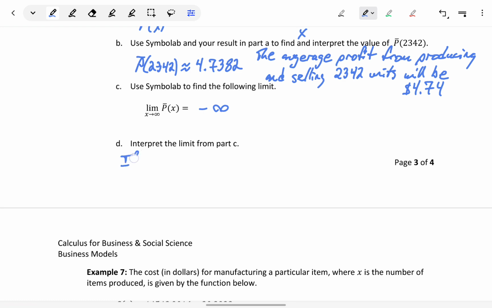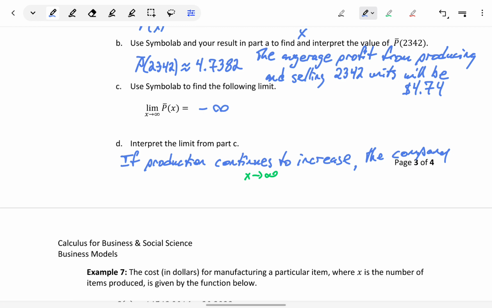So this tells us that if production continues to increase, and that's the meaning of x approaching infinity, so production not just increasing, but increasing without bound, just producing larger and larger quantities, the company will lose massive amounts of money.